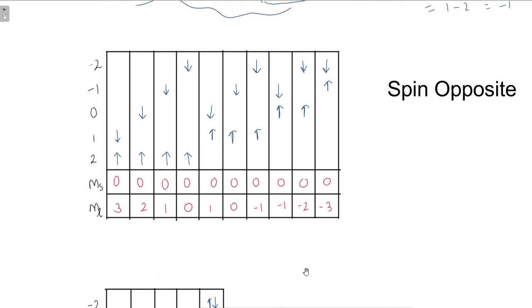Now we have the opposite spin. In the opposite spin, we have two electrons again in different orbitals, but they have the opposite spin. So the spin will be plus half minus half, which is equal to 0. So the whole row is 0.